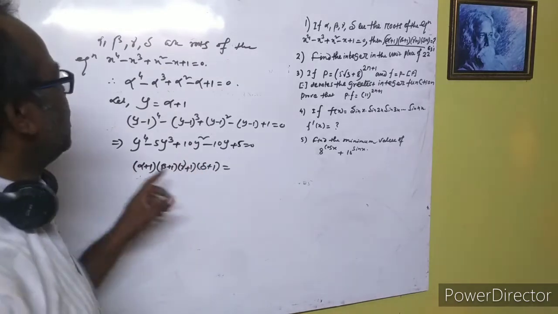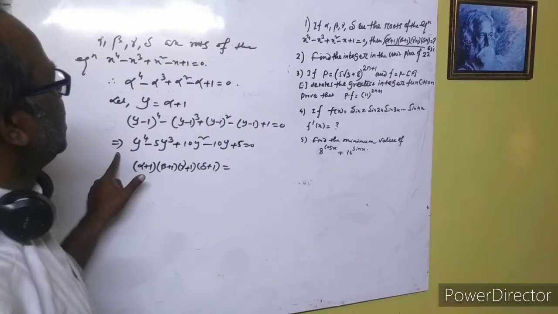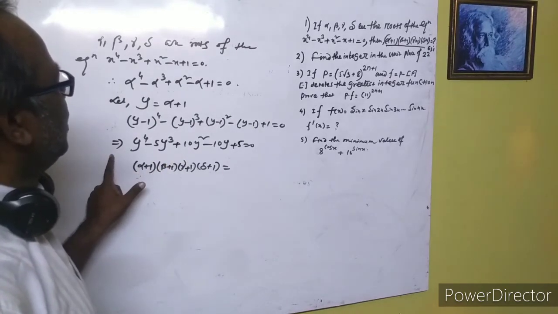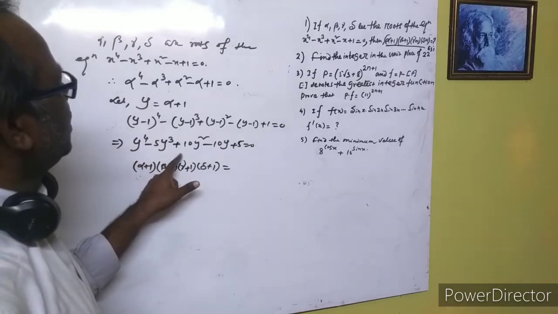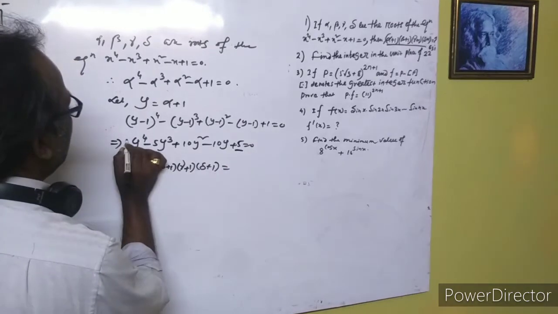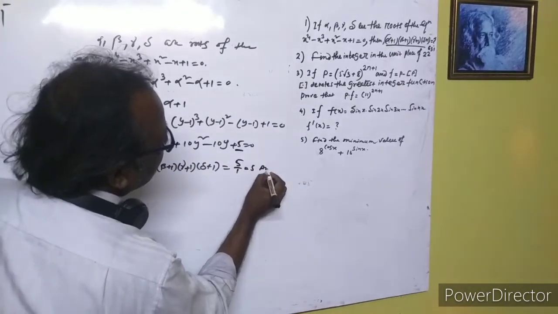The sum of the roots is minus this by this, the double is plus this by this, the triple is minus, then again plus. So that is 5 by 1 and 5 by 1. Okay, this is your answer, 5.